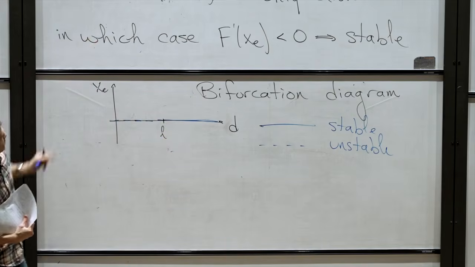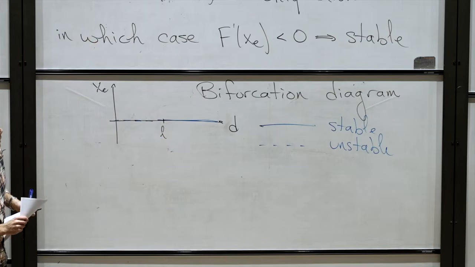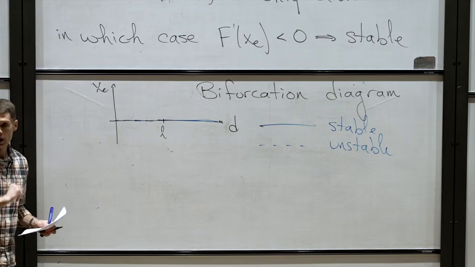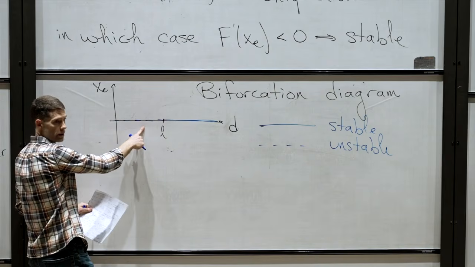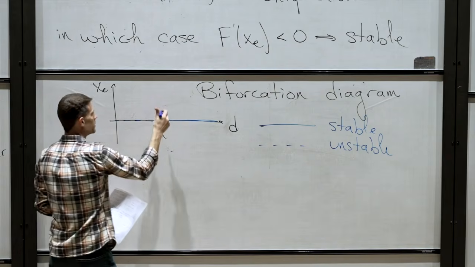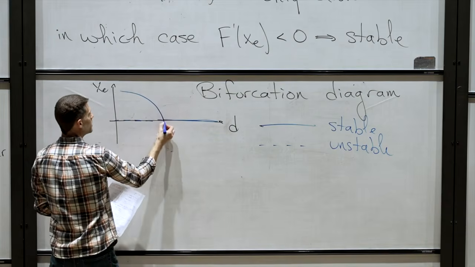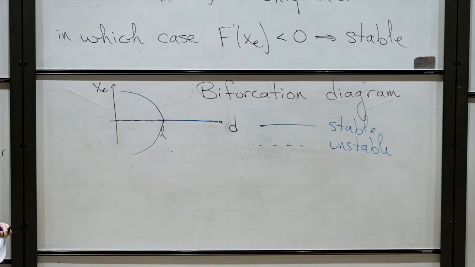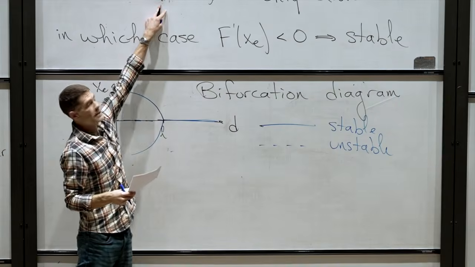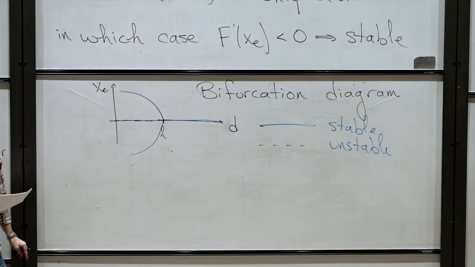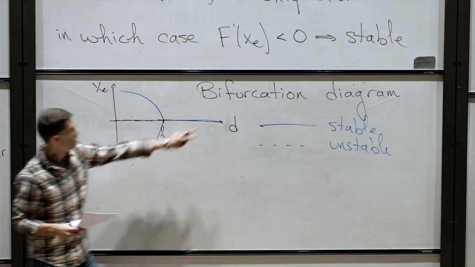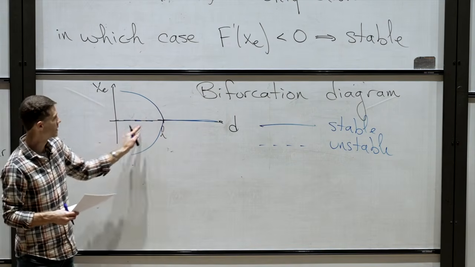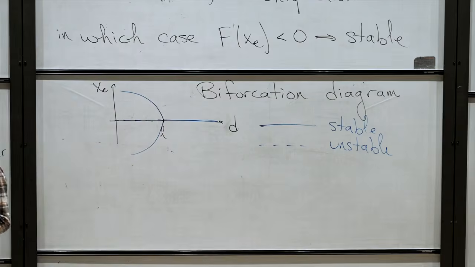And then I have this other solution, root L squared minus D squared, which looks like a sort of inverted parabola in this diagram that only exists in the case D less than L. So it's sort of like this, and that's the plus or minus. So that's exactly that pair of curves there. And I've drawn it as a solid line because that branch is stable when it exists, but it only exists for D less than L.